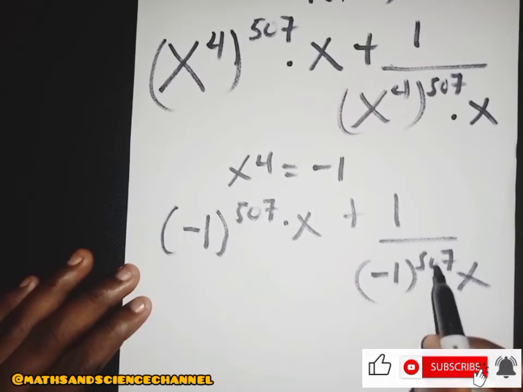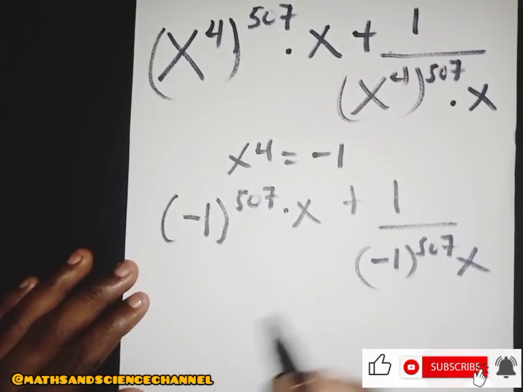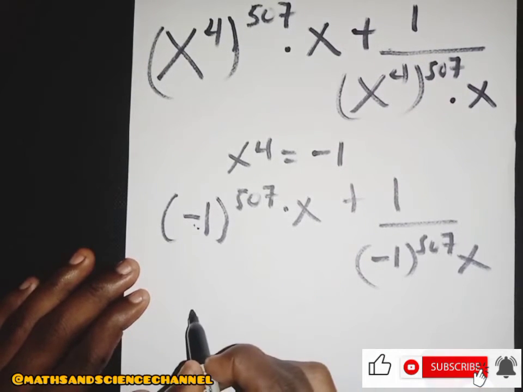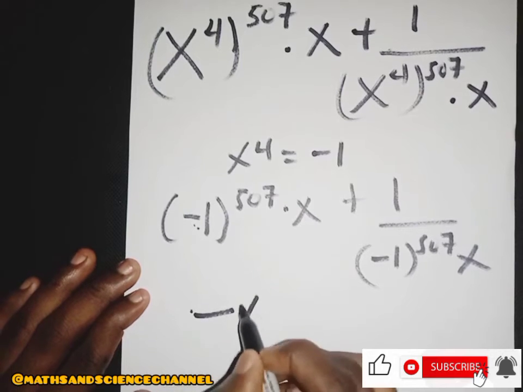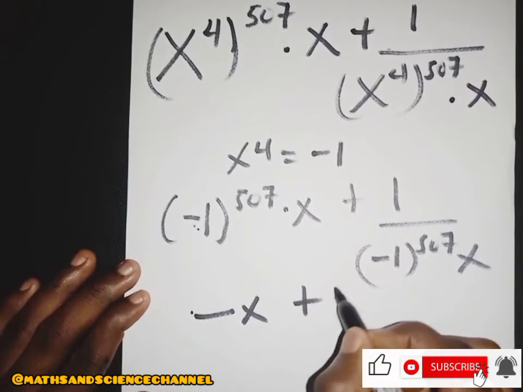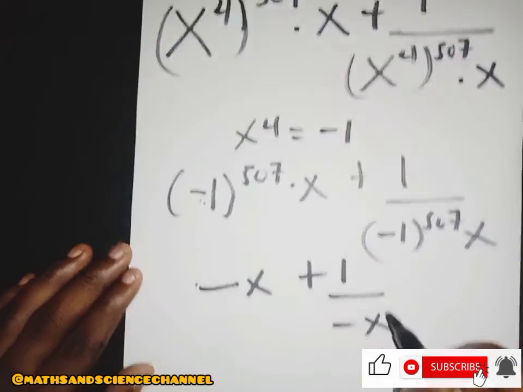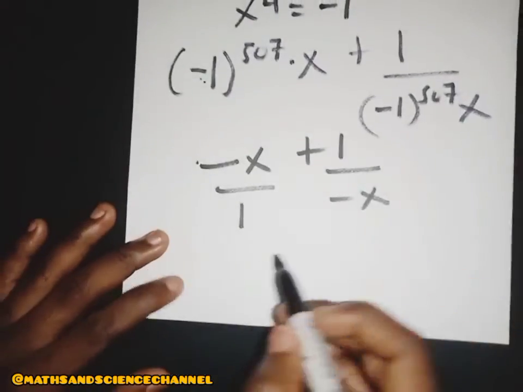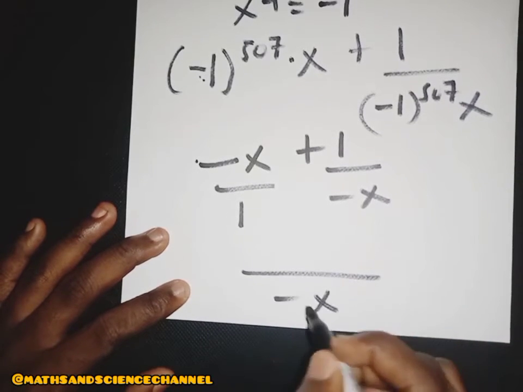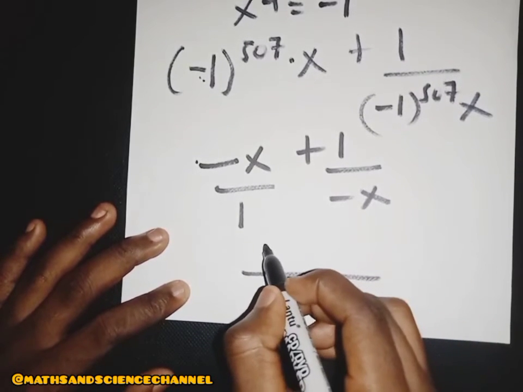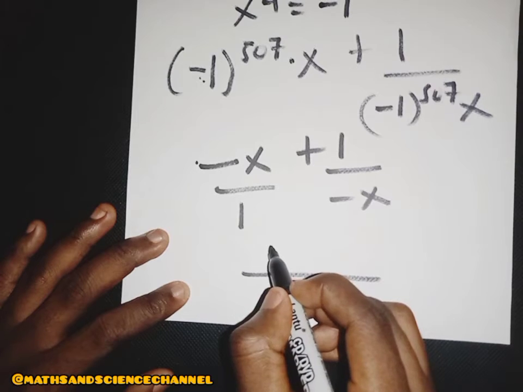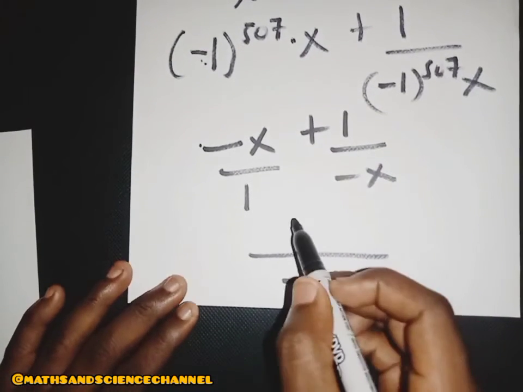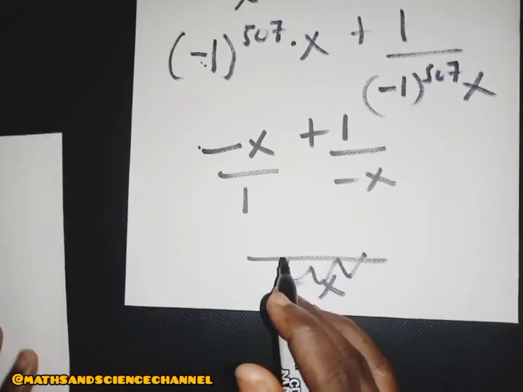And then remember, the exponent is an odd number. So if it's an odd number, then we are just going to have a negative value here. So we have -1 multiplied by s is just -s, plus 1 over -s, right? When we further simplify this, let's do it this way rather.